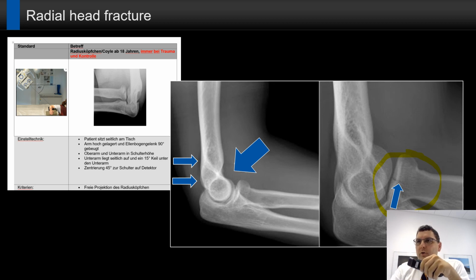It's a quite good projection to see radial head fractures. Remember that there is also this fat pad sign anteriorly and posteriorly, where you can see the joint effusion, which is created by any fracture in the elbow joint.